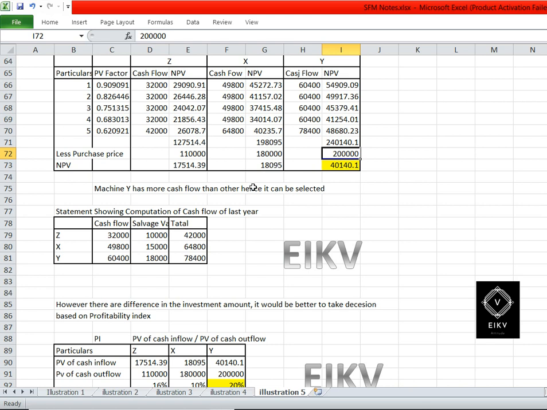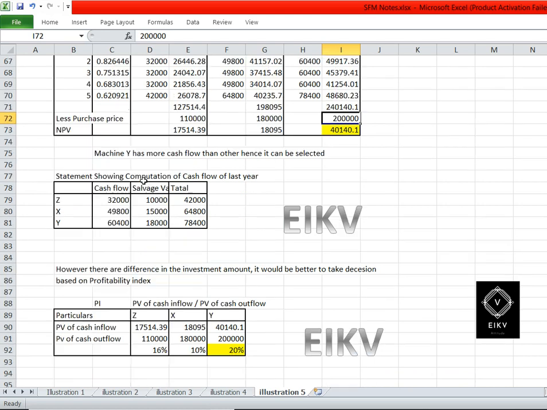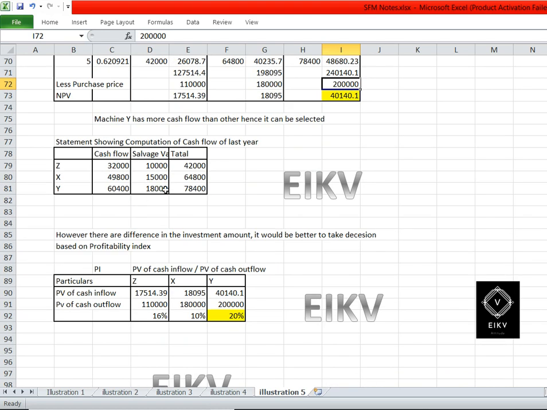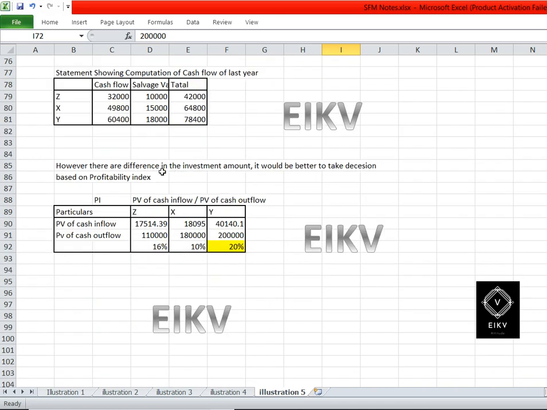From here we need to select the machine which has the higher NPV, which is machine Y. So as per NPV, we can suggest that machine Y is the best of the three alternatives. However, there is a difference in investment amount.